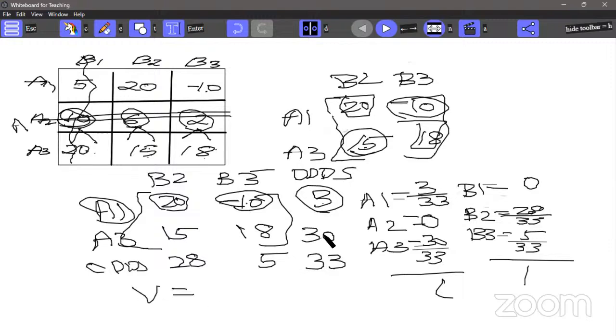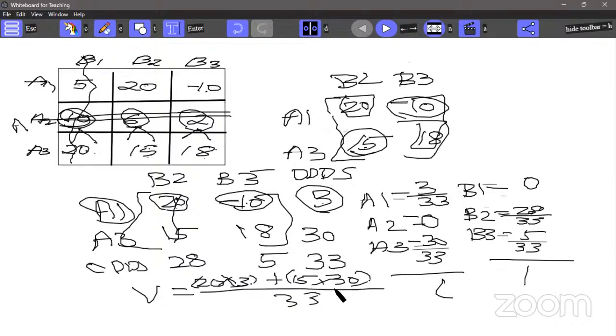How do you find the value of the game? Take any row or column. Which row do you want me to take? Shall I take the first row? No, I have taken the first column. 20 into 3 plus 15 into 30, by 33.